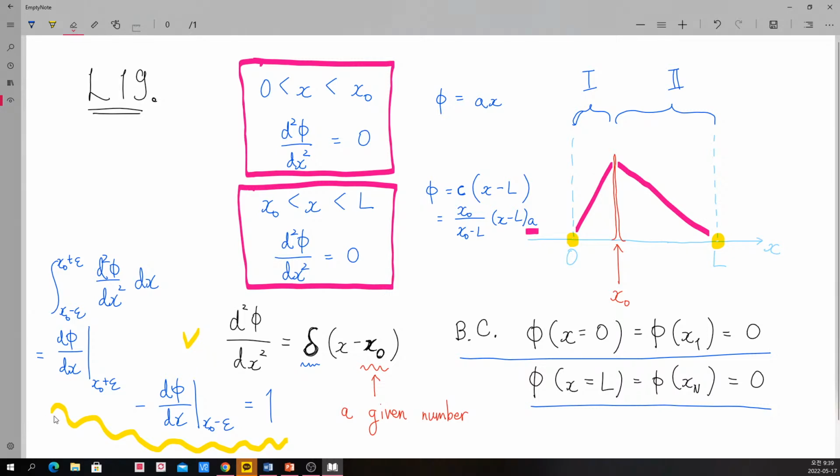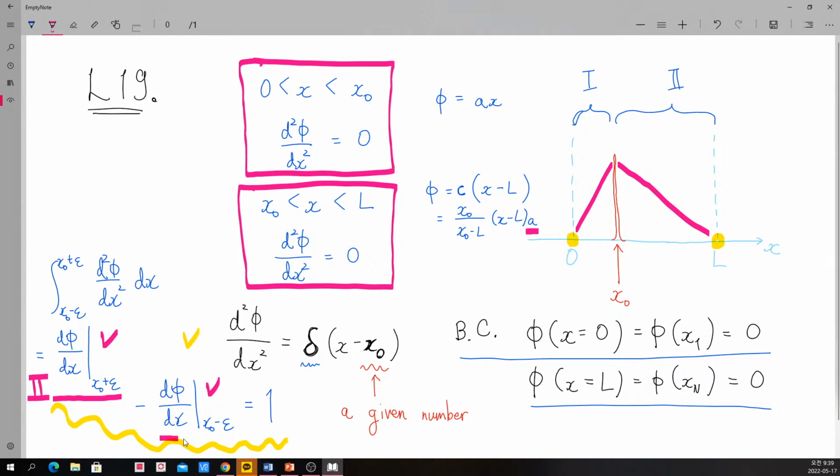So how can we obtain these derivatives? For example, here we have two derivatives here and there. The first one corresponds to the region 2 function.